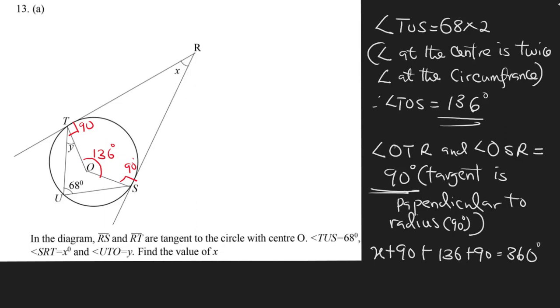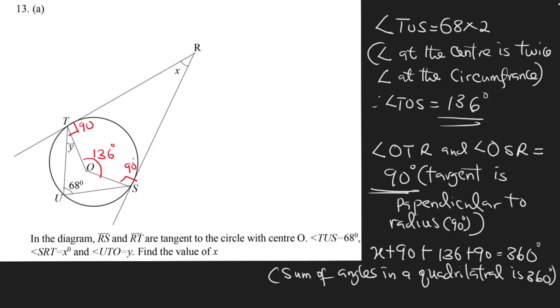And what is the reason? Remember, every step you do, we must write the reason. The reason here is sum of angles in a quadrilateral is 360 degrees.